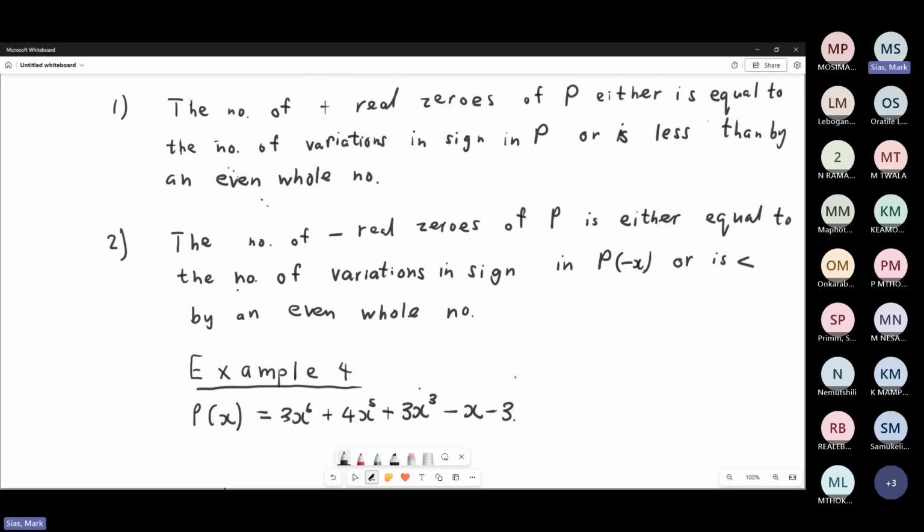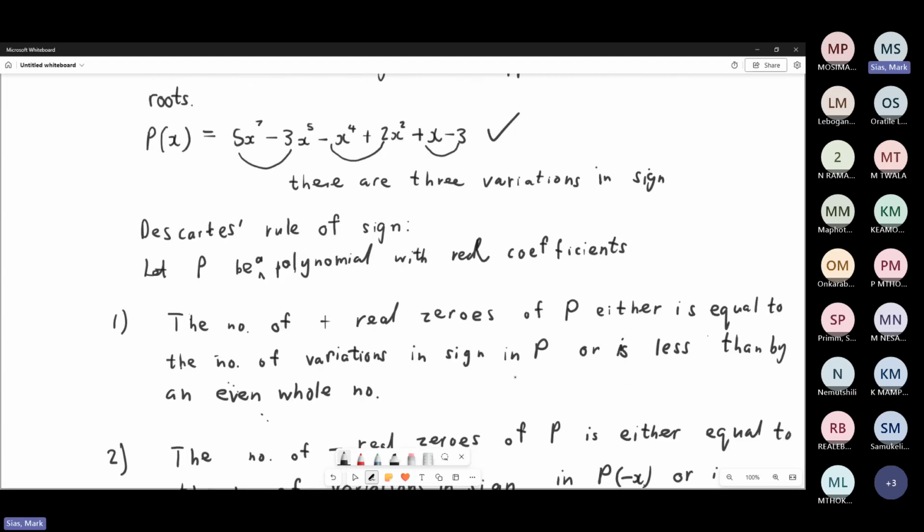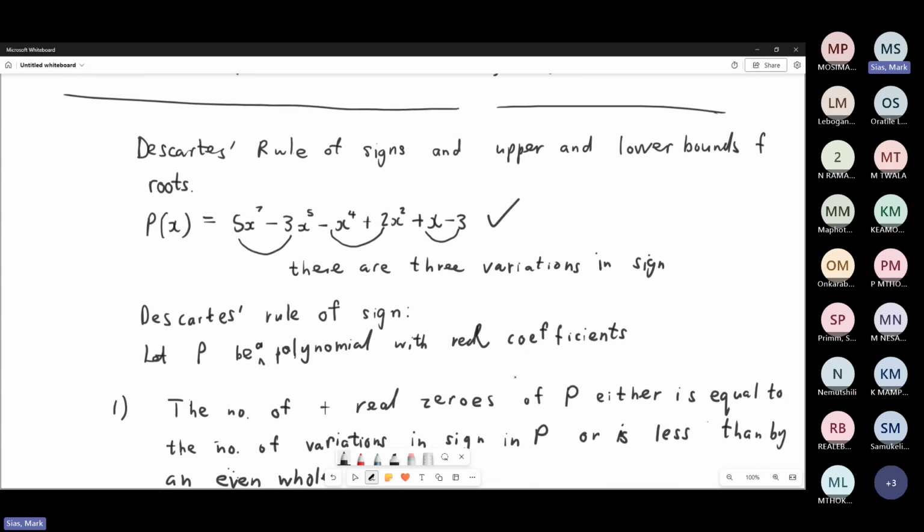The number of positive real zeros of P either is equal to the number of variations in sign in P, or is less than that by an even whole number. So there we had a polynomial, for example, of 7th degree, and we saw there are 3, and then, like I said, it was arranged in descending order, descending powers, from x to the 7 up to x to the 0, which is minus 3x to the 0, okay?